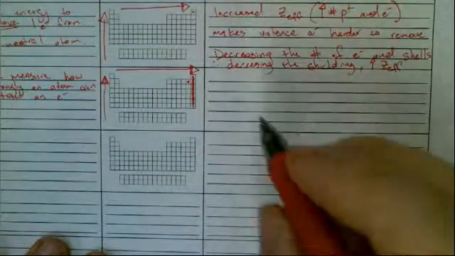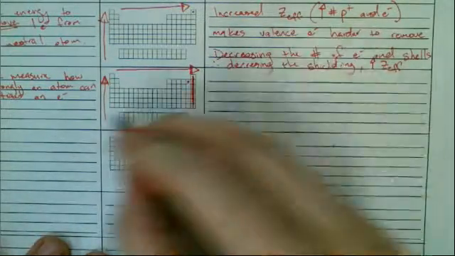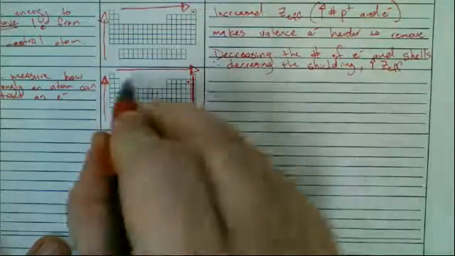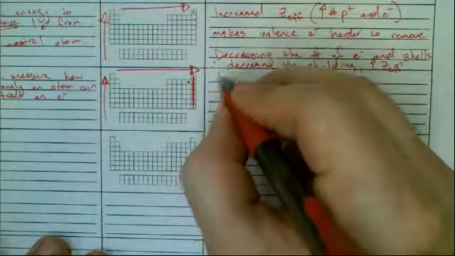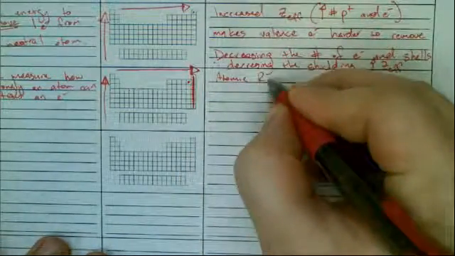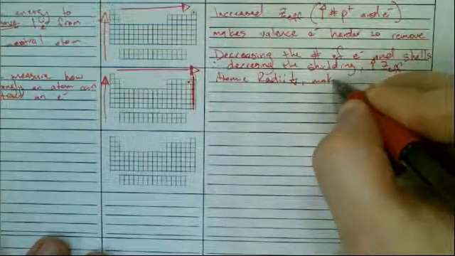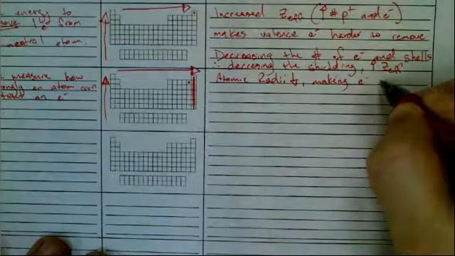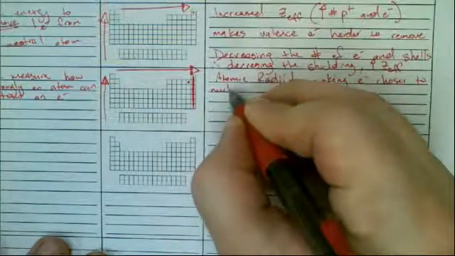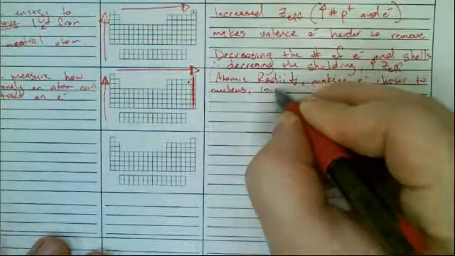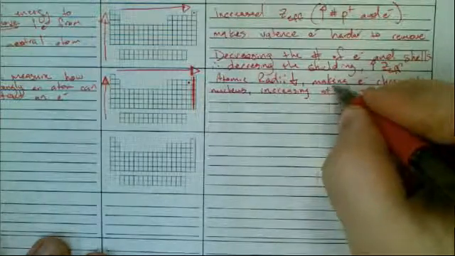For the Y, you guys associated this with atomic radius. Going across a period from left to right, atomic radii decrease, making electrons closer to the nucleus, increasing the attractive force.